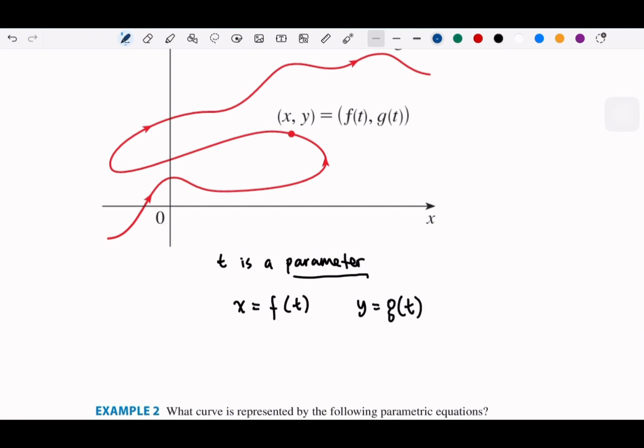And both of these we call parametric equations. And the curve, of course, will be called a parametric curve. And remember, it has a direction.